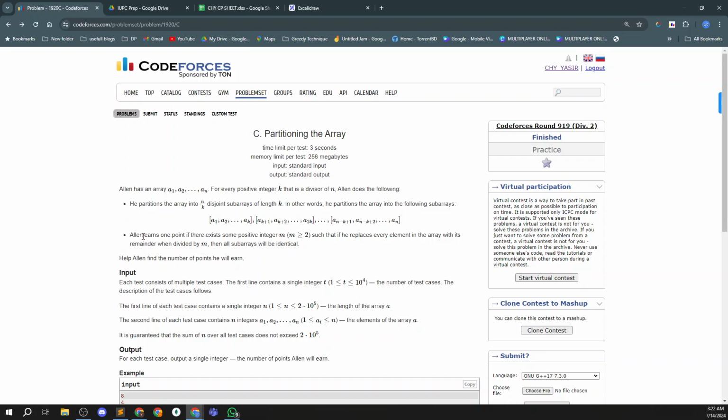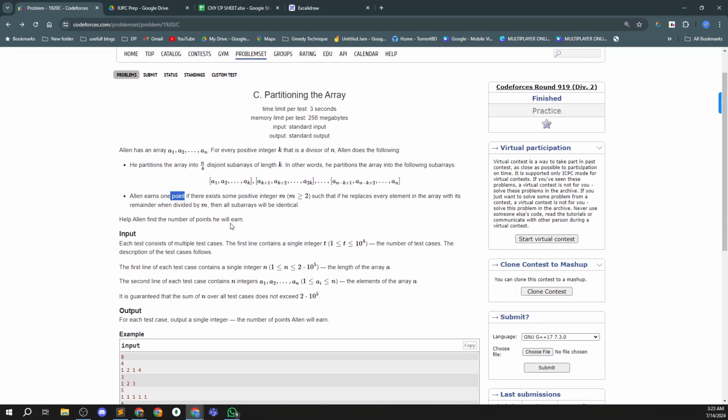We earn a point if there is a positive integer m such that, if we take the modulo of each element of each subarray by m, the subarrays are identical, that means the subarrays are the same. We have to tell the total number of points Allen will earn.